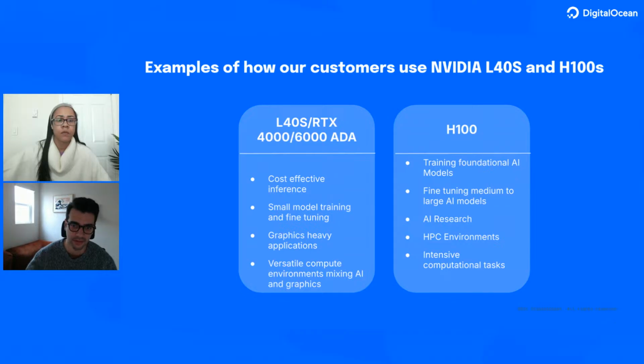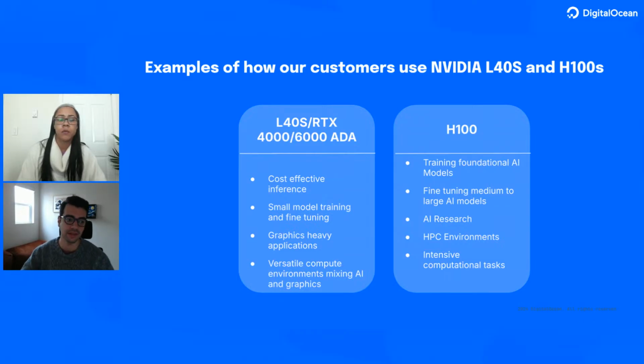Again, H100 excels at fine-tuning medium to large AI models, and more advanced use cases like AI research, HPC environments, and more intensive computational tasks is where you need a GPU like H100. You can link multiple H100s to use it in a multi-node configuration. You can use it as an 8 GPU offering. So you can fine-tune the configuration of the GPU based on your use case requirements.